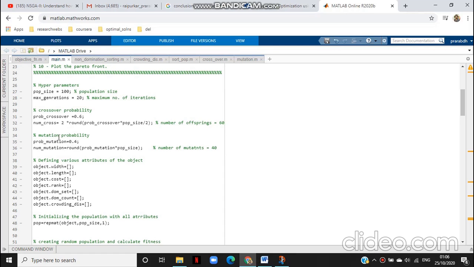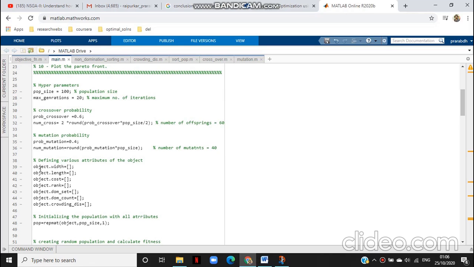Then we will have a mutation probability, and for a 100 population size we have 40 mutants. So after the crossover and mutation, we will have 100 plus 60 plus 40, that is 200 population size, and then again we will take only the first best 100 population with best fitness.